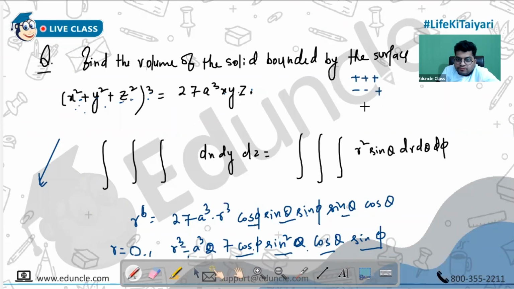Negative, positive, okay, x, y, z. Except also, we can say yz is negative. So positive only. And we have one more combination, yz, xz. Yes or no?